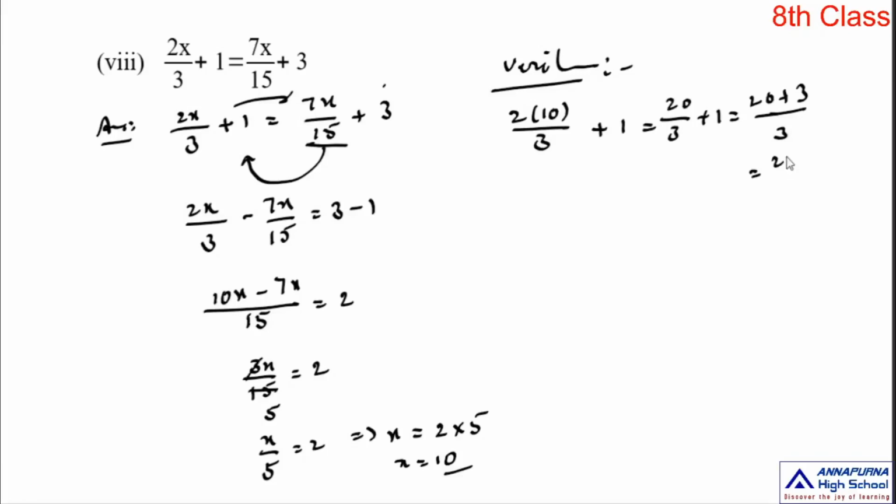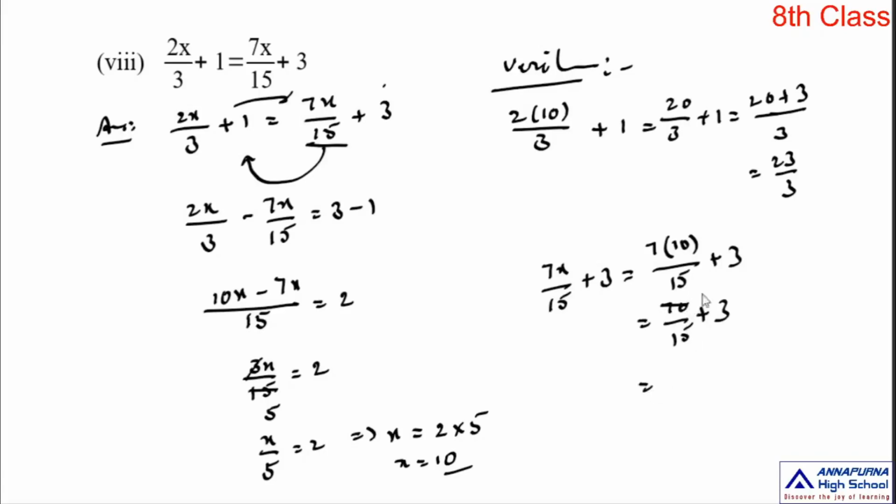It is equal to 23 by 3. Okay, and substitute the same value in the right side. So 7x by 15 plus 3. It is equal to 7 into x, which means 10, by 15 plus 3. Okay, so 7 into 10 means 70 by 15 plus 3.